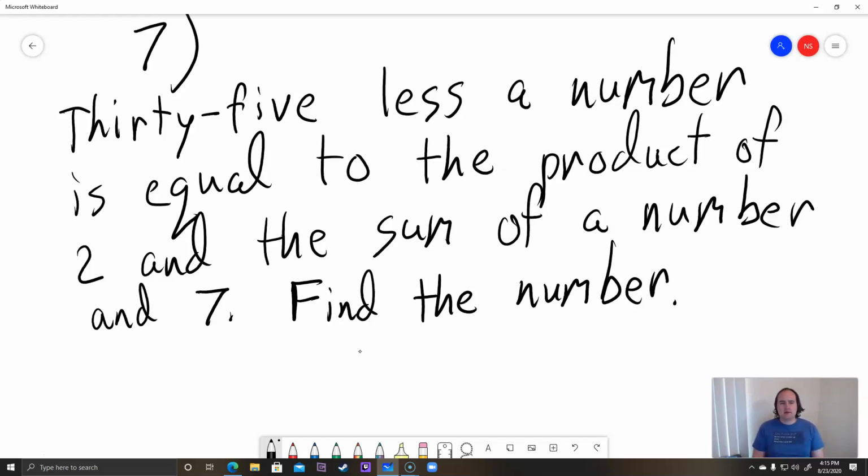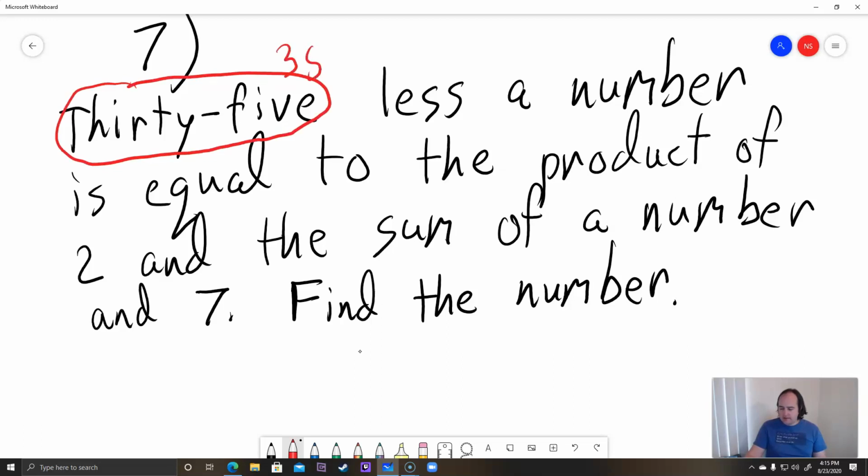Okay, so this is about as hard as your homework gets. And it takes a while to do these problems because you have to break it down into parts. I think we all know that 35 means 35, but the new thing here is the word less. So less actually means you subtract and you don't switch the order.